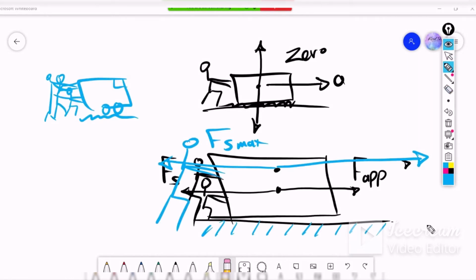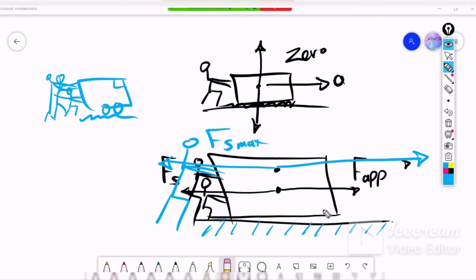Again, the friction will always be the opposite of the applied force, and it will be parallel to the surface. That is the friction, and the static friction will be the same magnitude as the applied force.